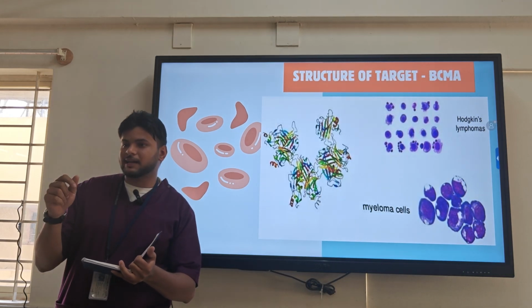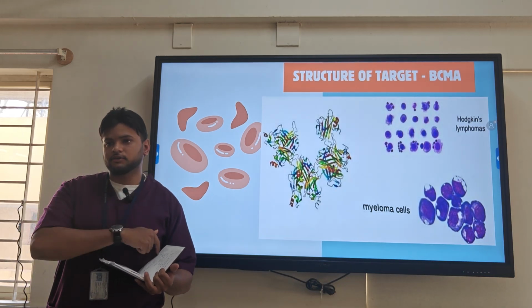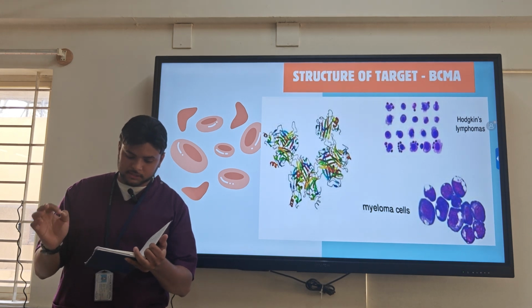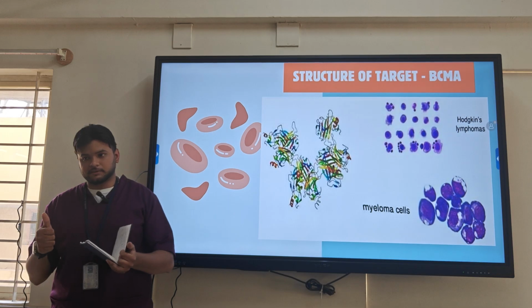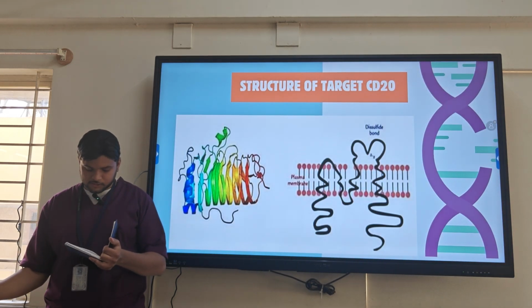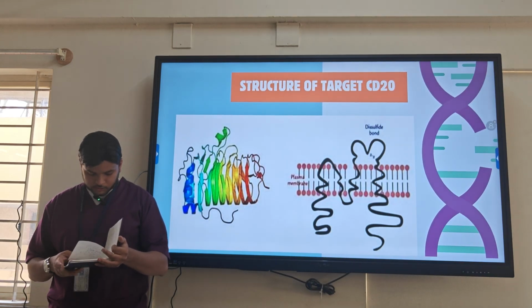So this B cell activation will give a signal to CAR T cells to attack that cell. CD19 is found on mature B cells and malignant B cells. Wait, let me go on. CD19 is not found on stem cells or plasma cells.